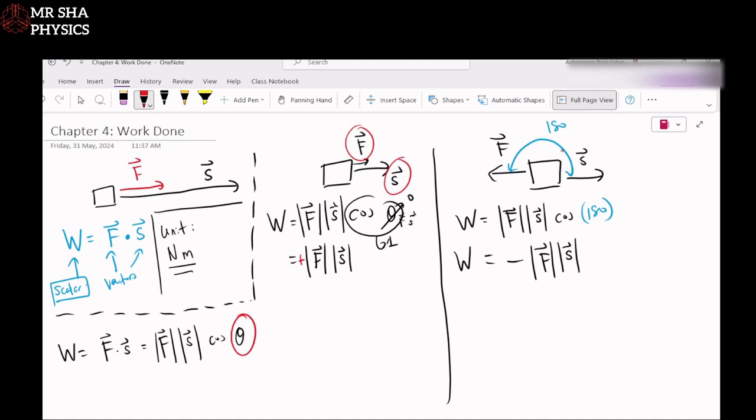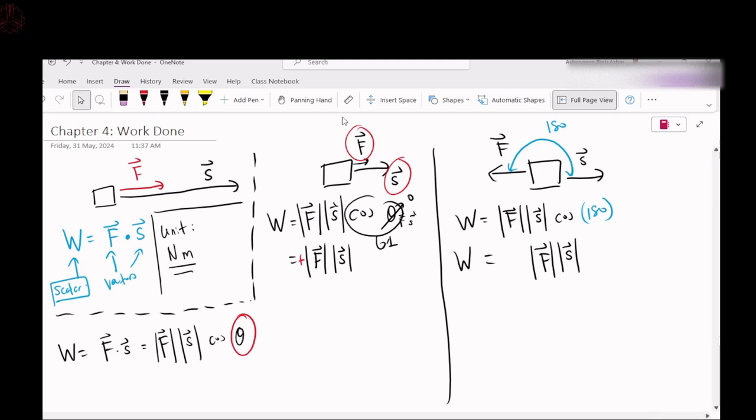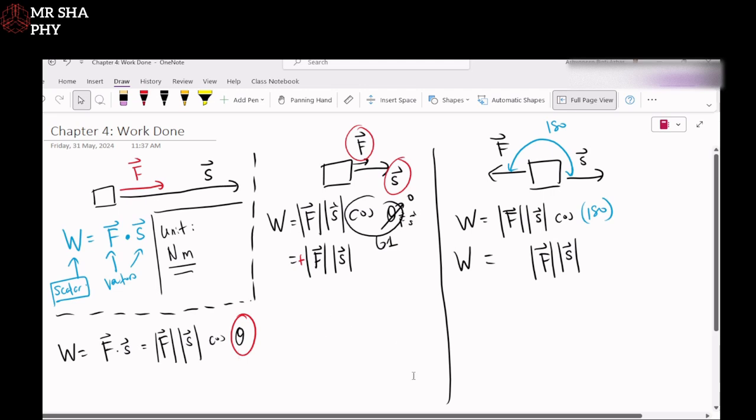Whereas if they're in the opposite direction, 180 degrees apart, I will have a negative sign there. Okay, so that covers the work done part of this video.